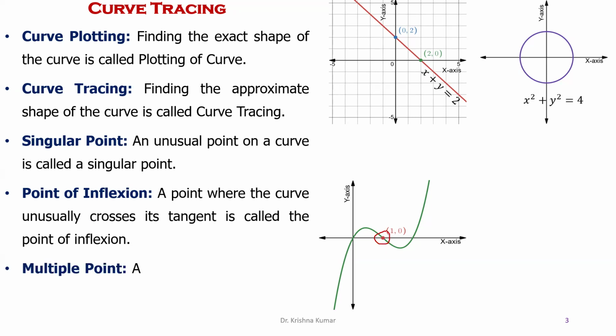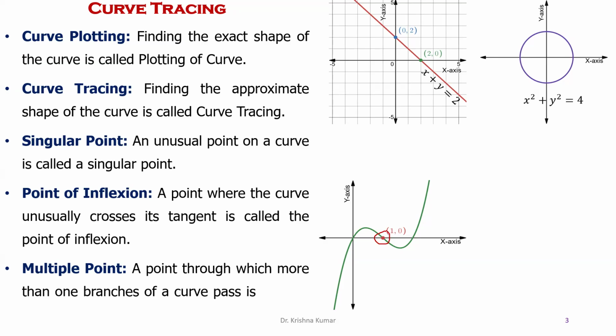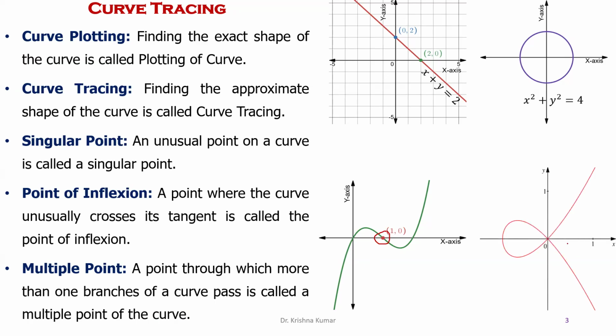The next thing is the multiple point, a point through which more than one branches of a curve pass is called a multiple point of the given curve. For example, just look here, at the point O, there are two branches of curve. This is the one branch of the curve and this is the another branch of the curve.